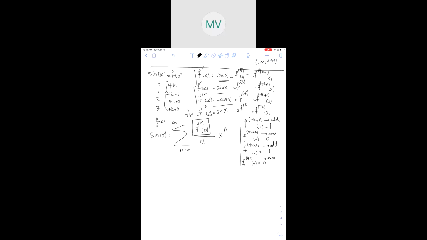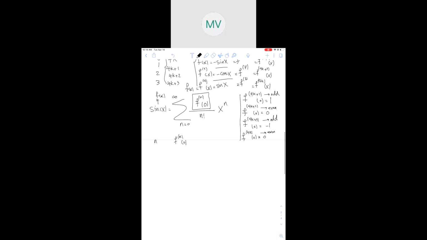So let's see. If this is n, the nth derivative of f at 0. So 0, 1, 2, I'm trying to find a pattern. 4, 5, 6, 7, 8, 9. Okay? So the 0 derivative, we figured.